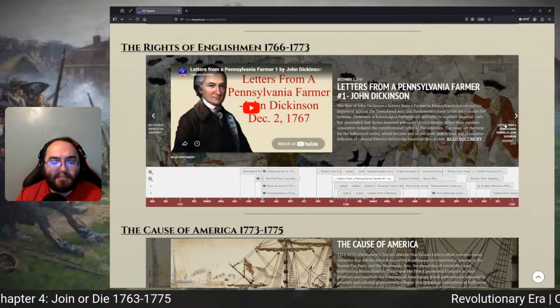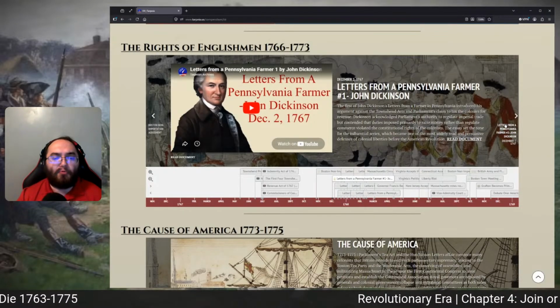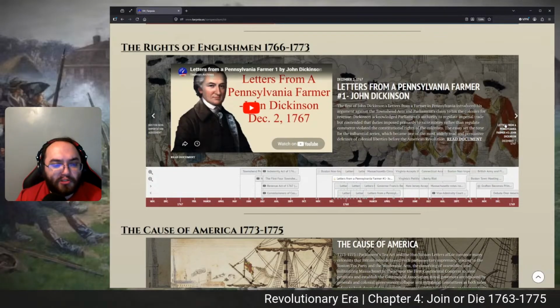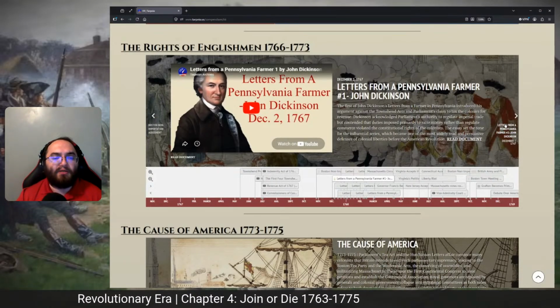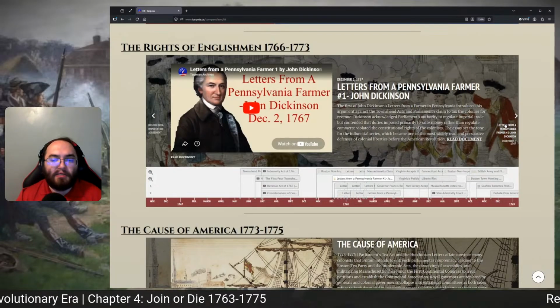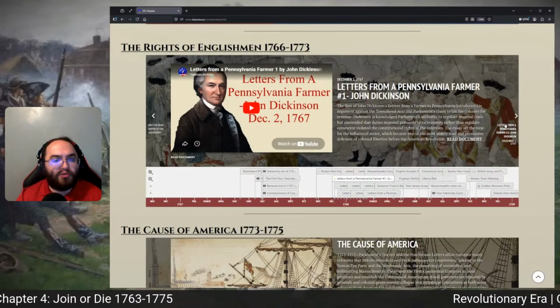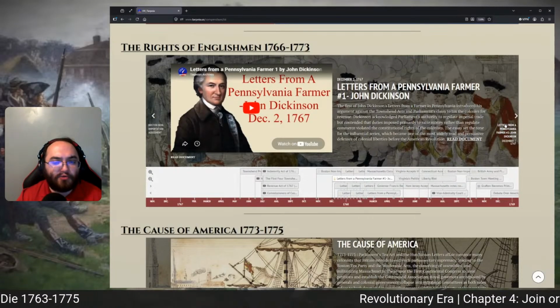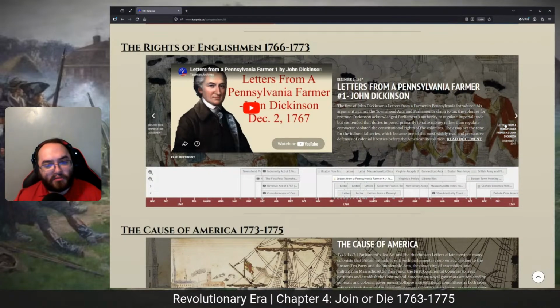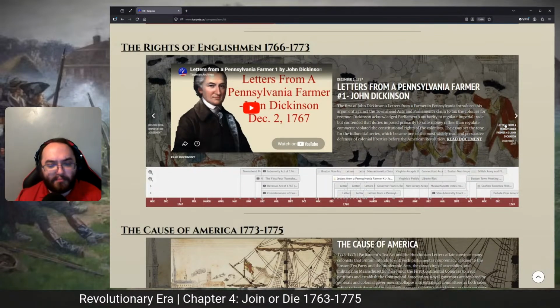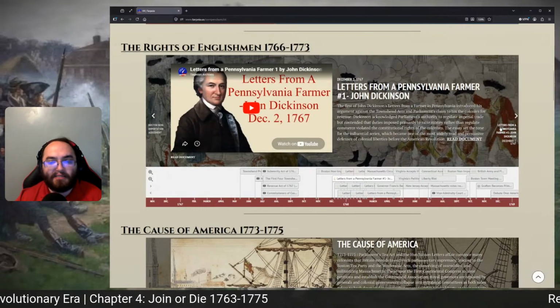And these letters will popularize the use of newspapers and political essays in order to express ideas and also criticize the government under a pseudonym.